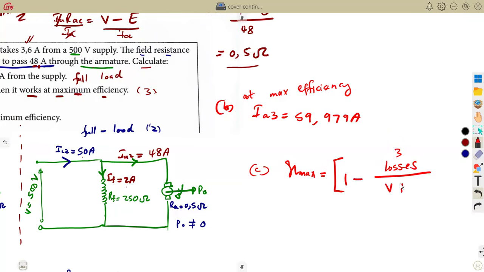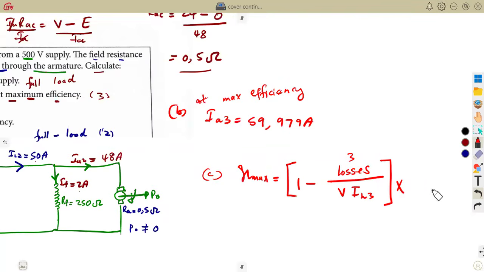Then we're going to have the input, which is the current that you're talking about, the load current at maximum efficiency. We're going to use the subscript 3, as I said. So as a percentage, we just multiply by 100%.